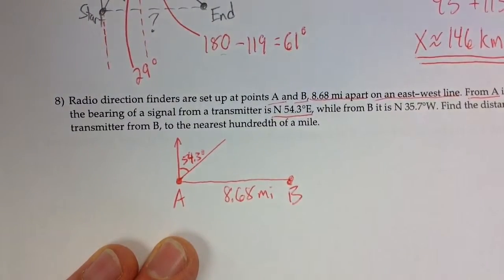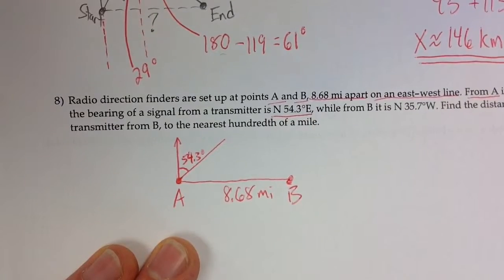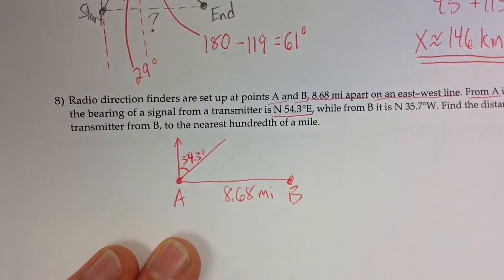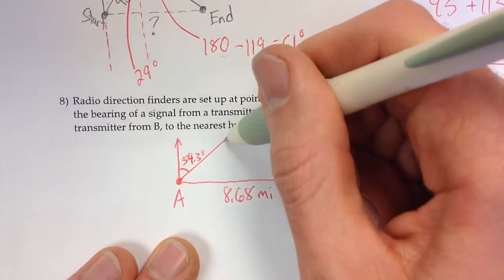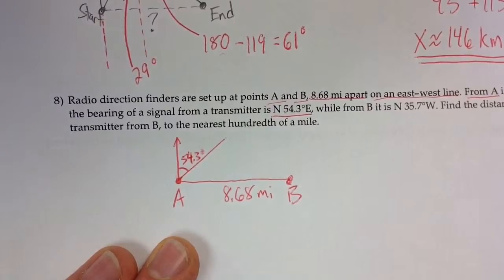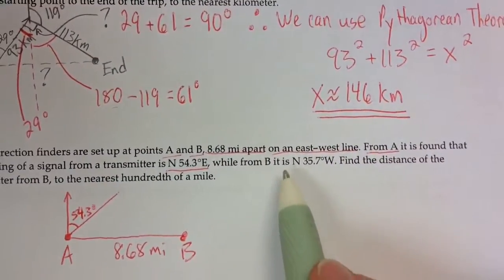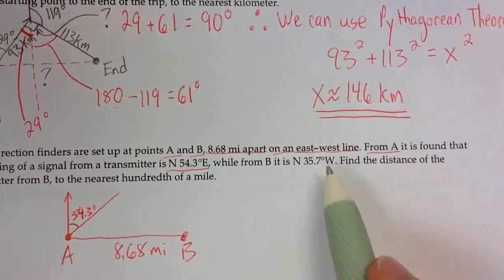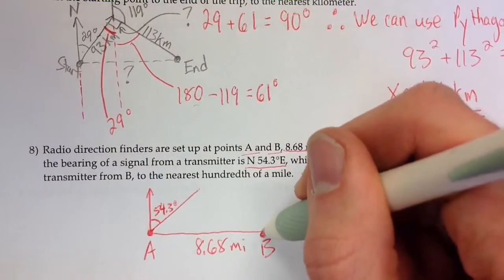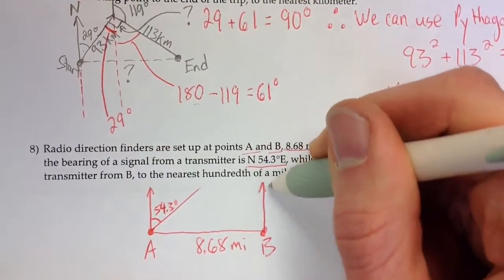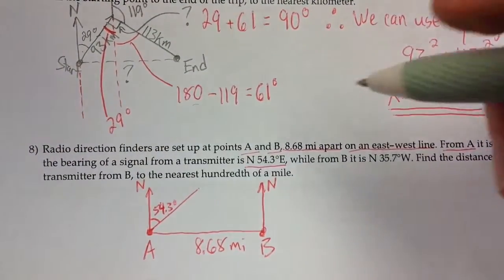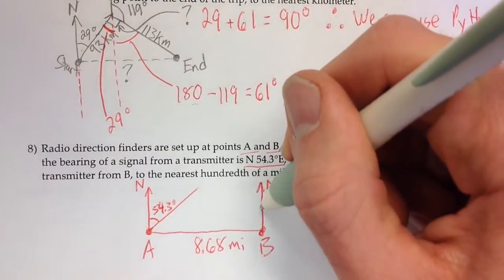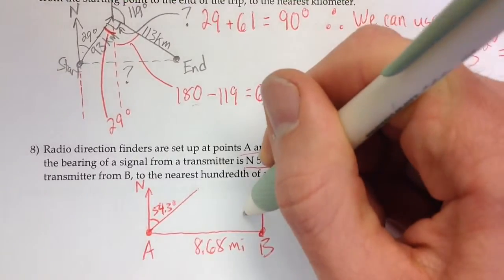There's some signal. This is called triangulation or trilateration. Okay. Next, while from B, it is north 35.7 degrees west. Notice a triangle will be formed. North, 35.7.